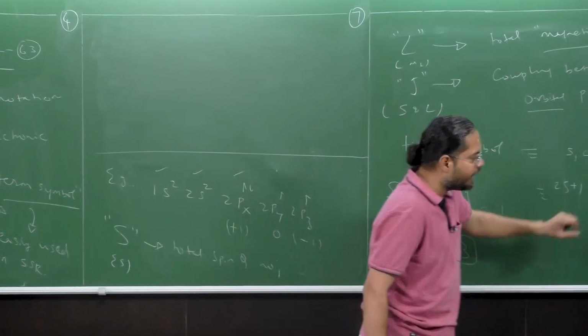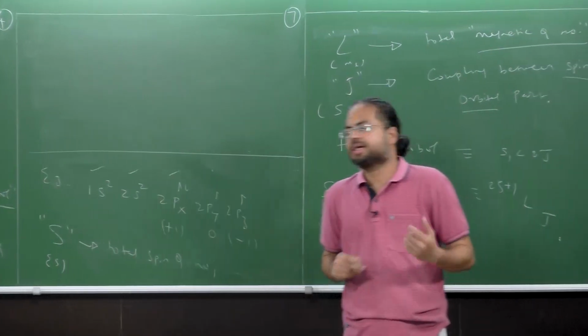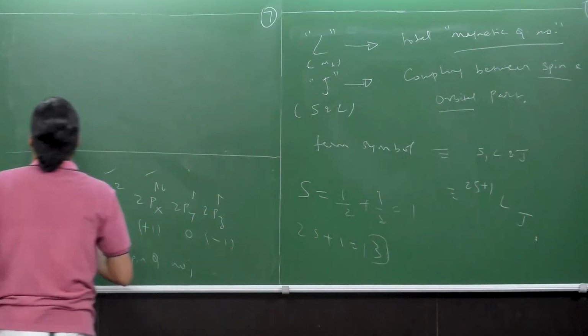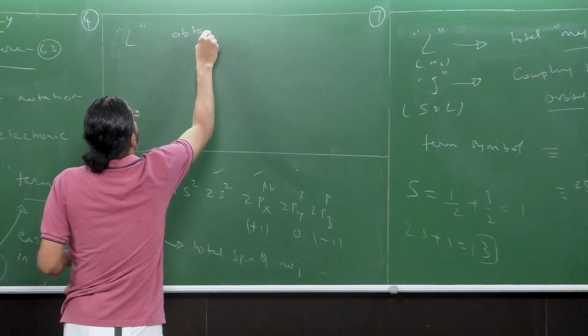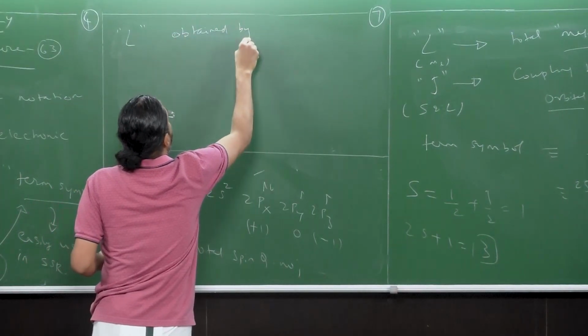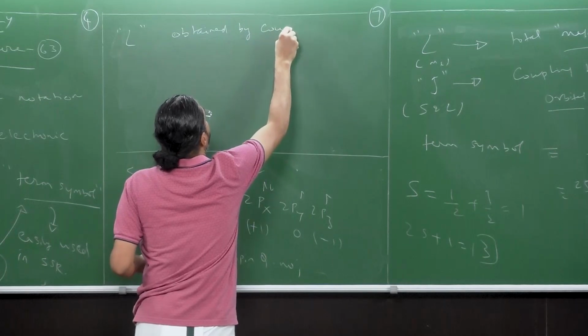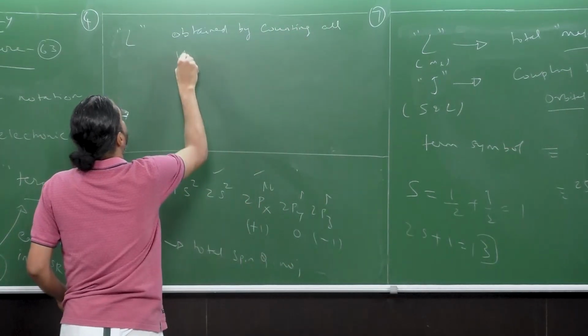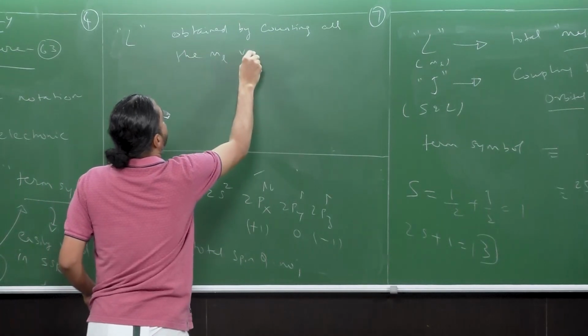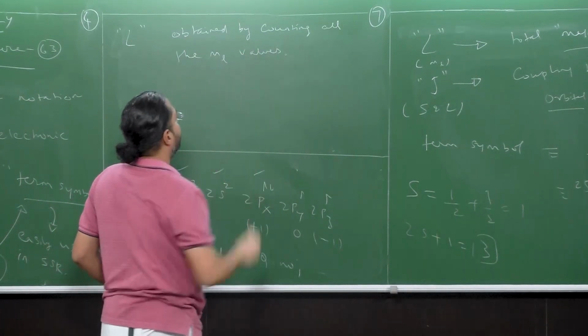Now let's calculate the capital L value. The capital L value is obtained by counting all the M sub L values.